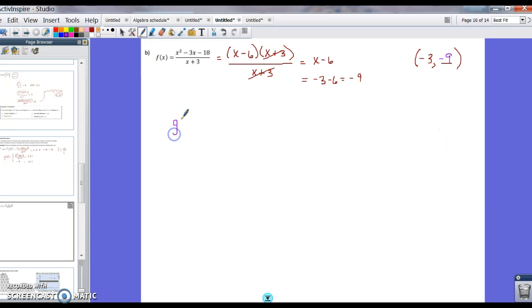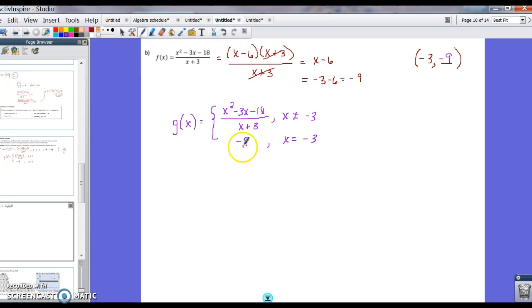From here then, I can write this as a piecewise function, which takes my original function everywhere except, so x can be anything, it just can't be negative 3. Because when it's negative 3, the function value is going to be negative 9.